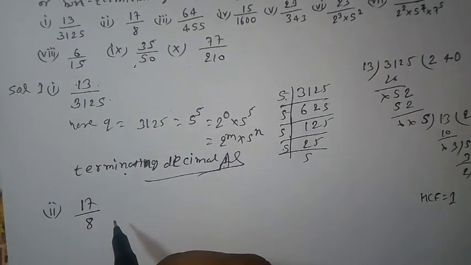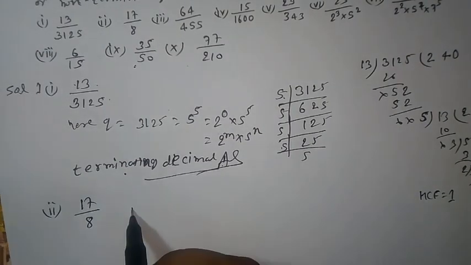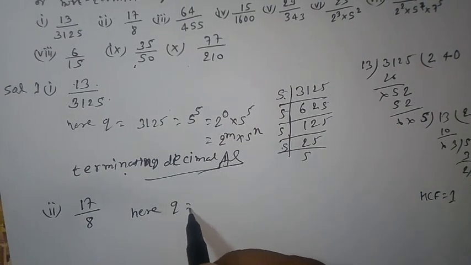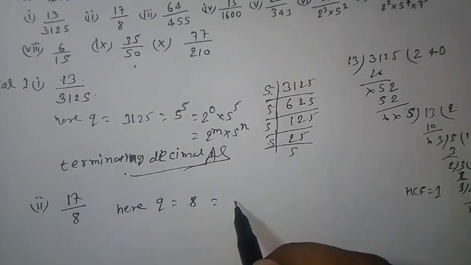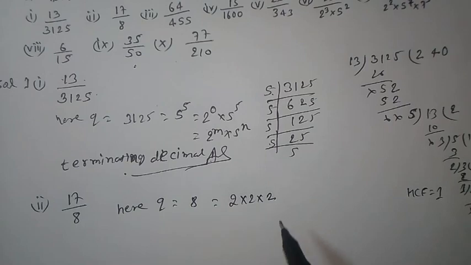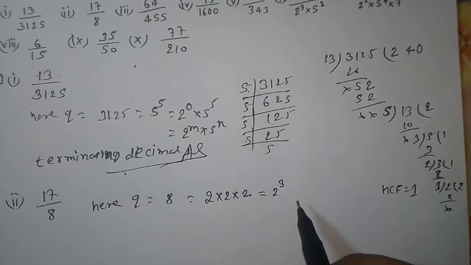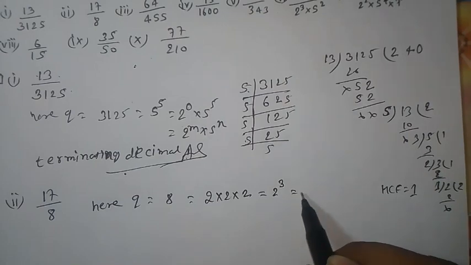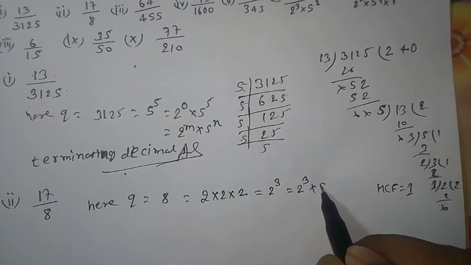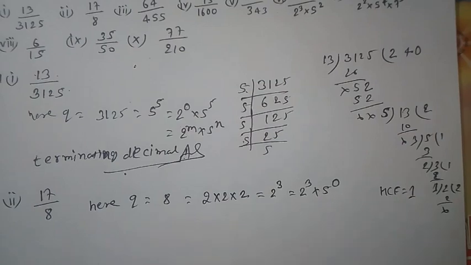Now here Q is equal to 8, which is equal to 2 into 2 into 2, which is 2 to the power 3, which is 2 to the power 3 into 5 to the power 0, because the value of 5 to the power 0 is equal to 1.